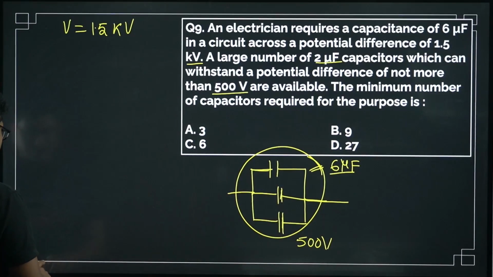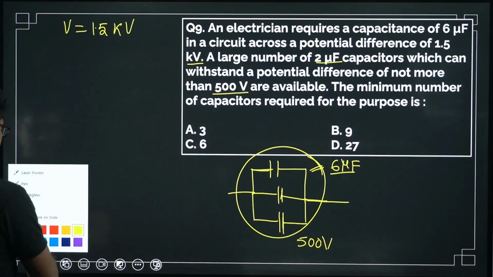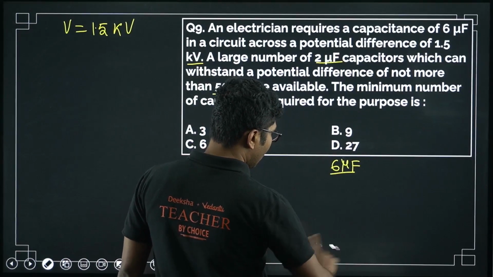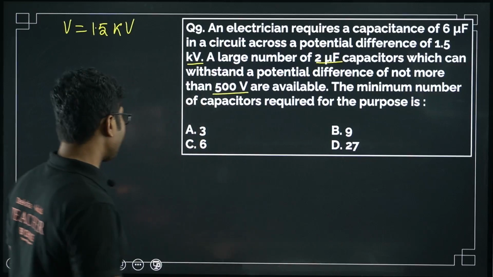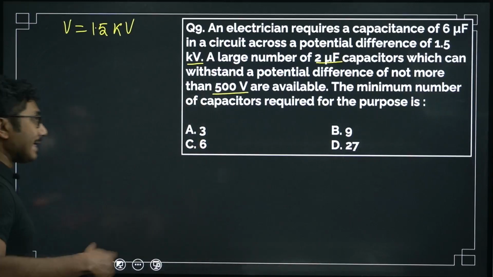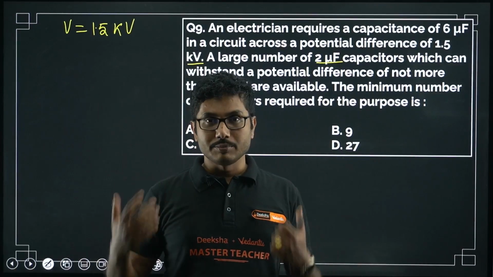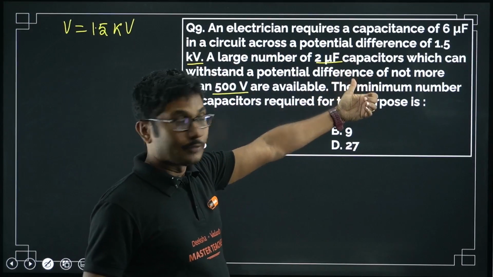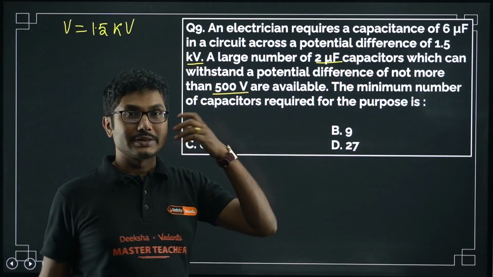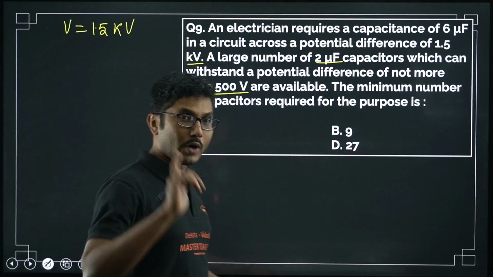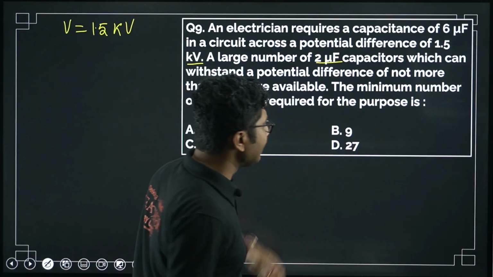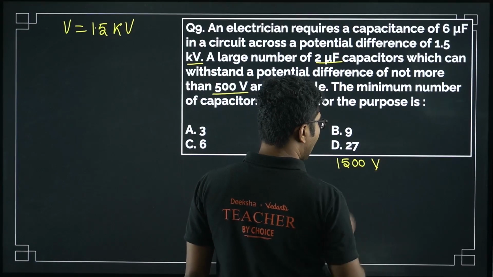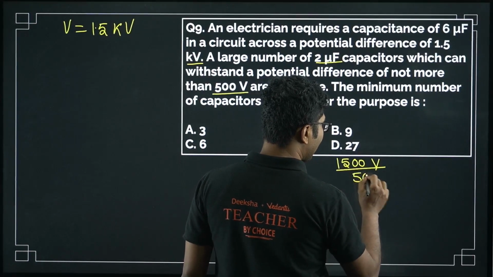This is not a super easy question, but it is not super difficult either. So first we have to think in terms of voltage. First we have to adjust the voltage such that it can withstand the given input voltage. So 1.5 kV is the given input voltage and 500 volt is the maximum limit of one single capacitor. 1.5 kV means 1500 volt and one can withstand 500 volt.